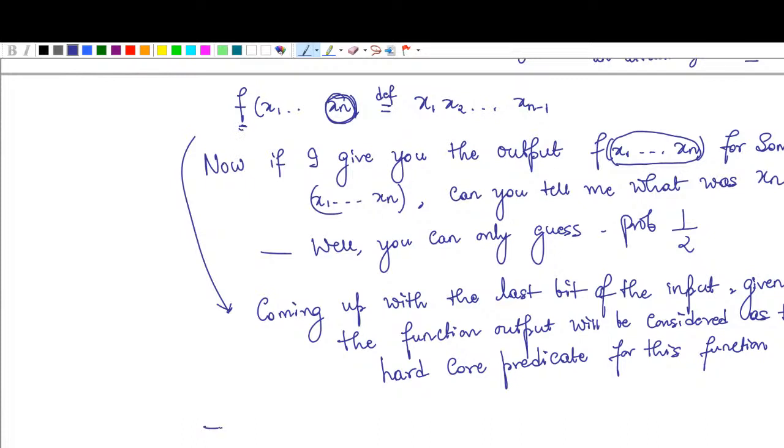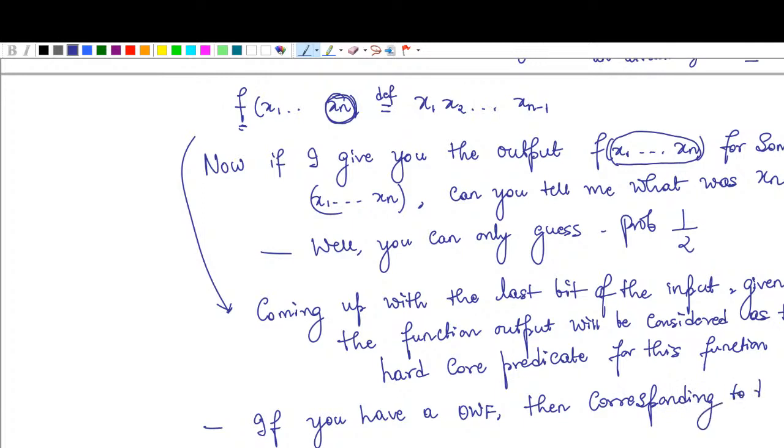So what we had proved in the lectures is that if you have a one-way function, then corresponding to that there is always an associated hardcore predicate.